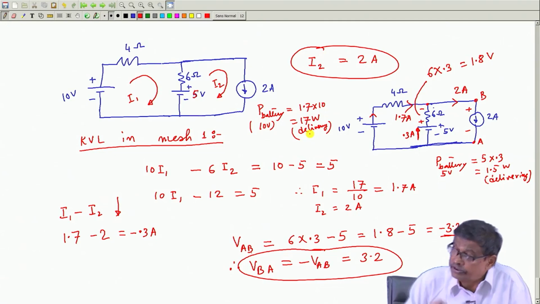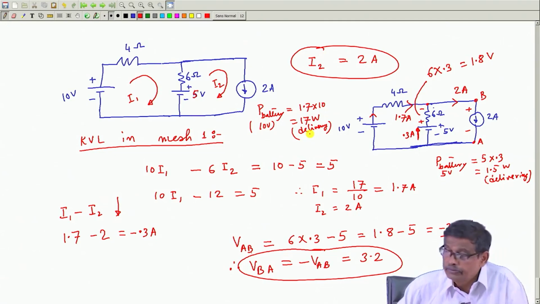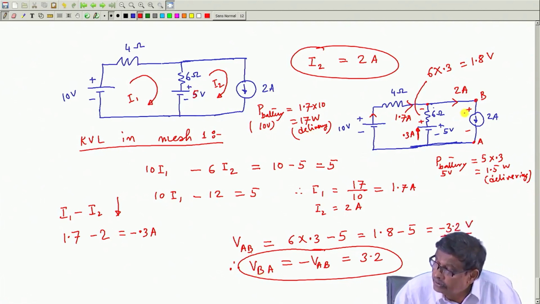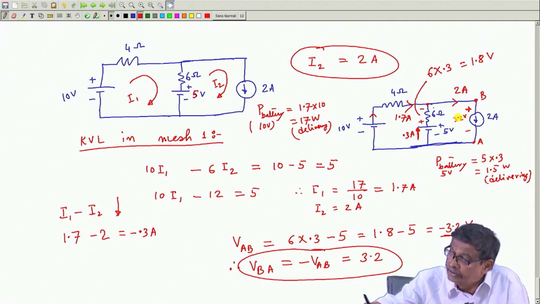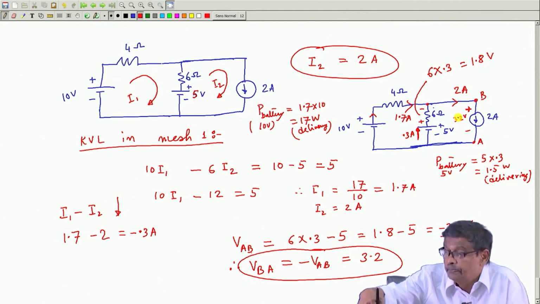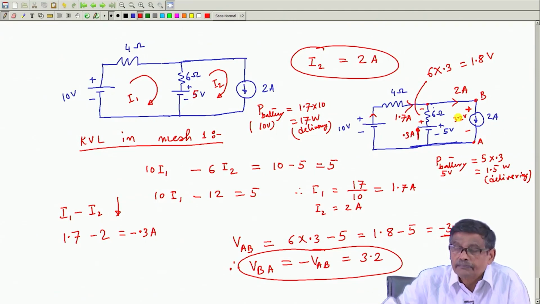What is the current source doing? It is also a source. In the current source, we have seen VBA is 3.2 volt, with this plus and this minus, and so the voltage across the current source has this polarity, and it is absorbing current through its positive voltage terminal.